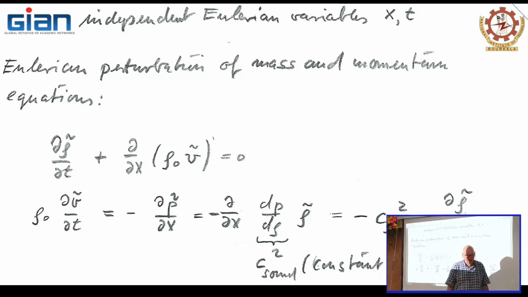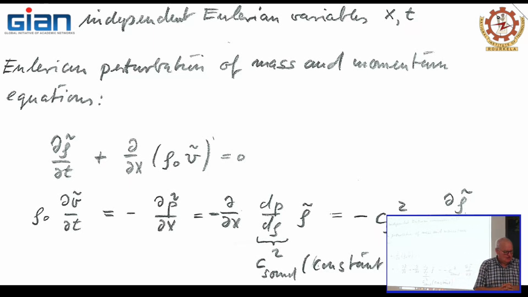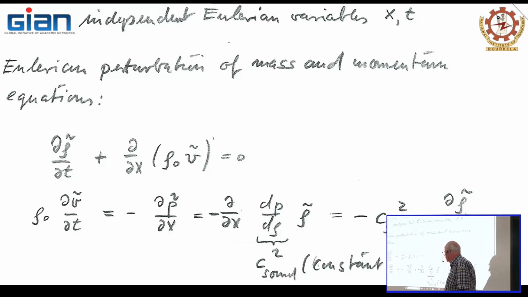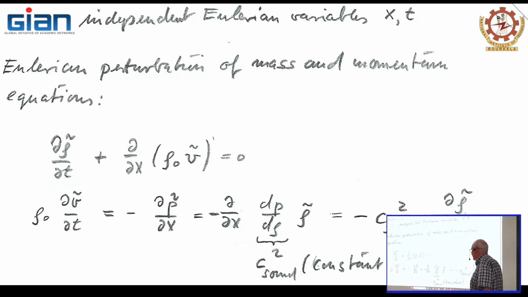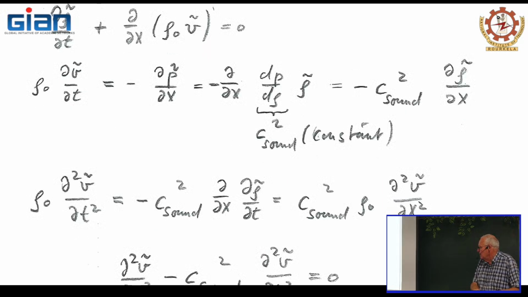A tilde means Eulerian perturbation, and the divergence of rho times v reduces to d by dx of rho 0, the stationary density, times the velocity perturbation. Similarly, we have perturbed the momentum equation. On the left-hand side, this is the acceleration. This is the perturbation of the pressure, and we have related then the pressure perturbation to the density perturbation.